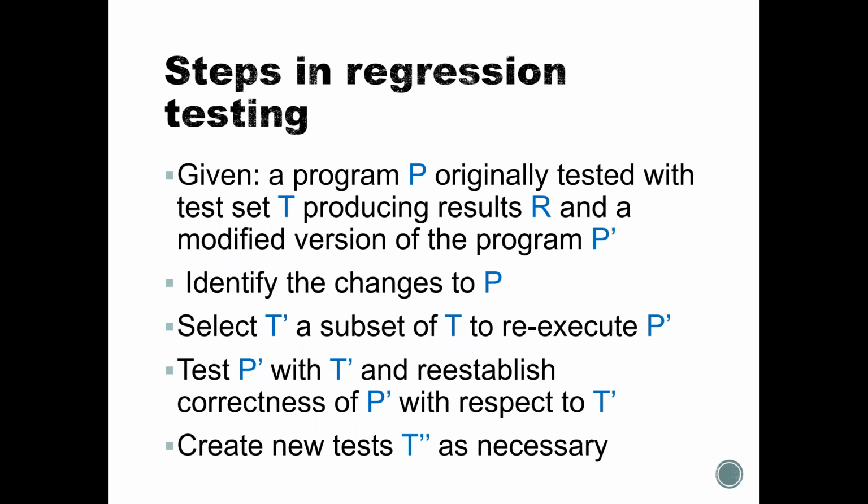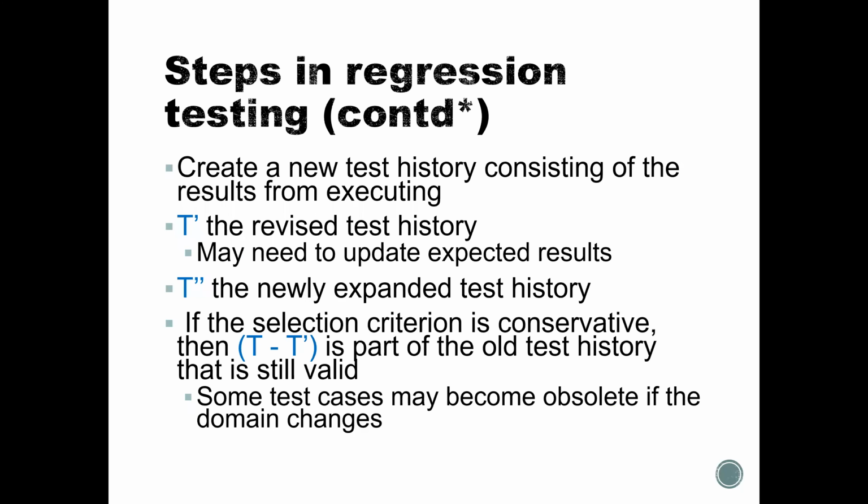Previously we had these results R. Now with this new test case, we are going to create a new results history, and T dash is the revised test history, and we may need to update expected results based on it. On the other hand, T double-dash is the newly expanded test history.